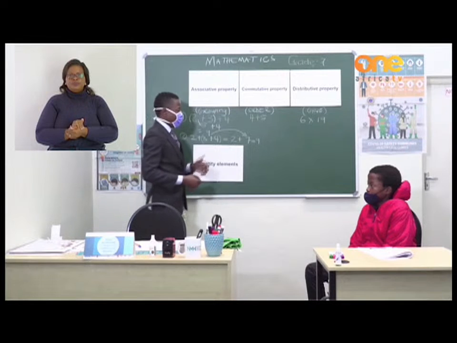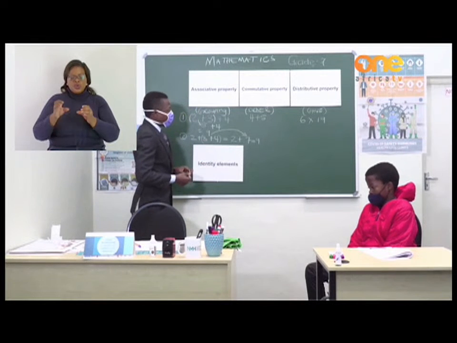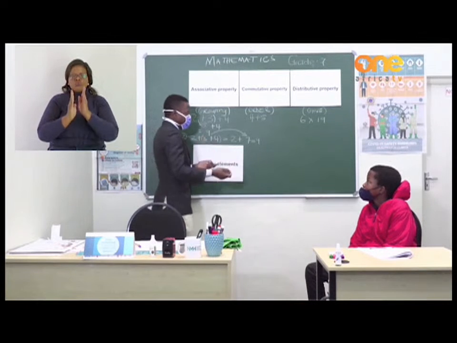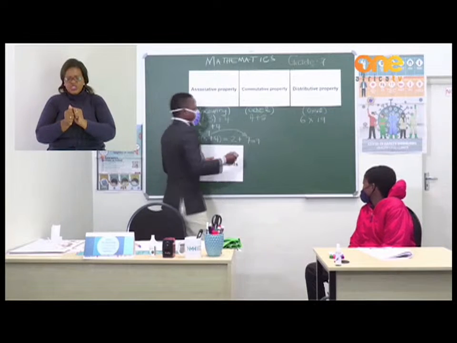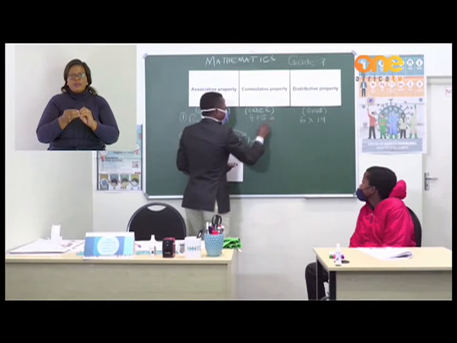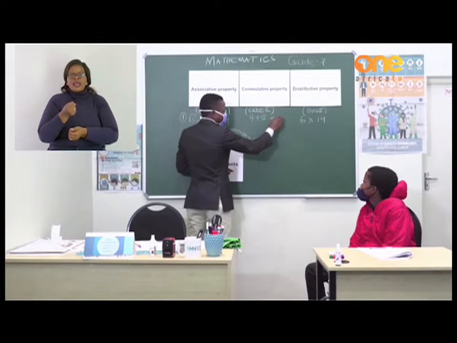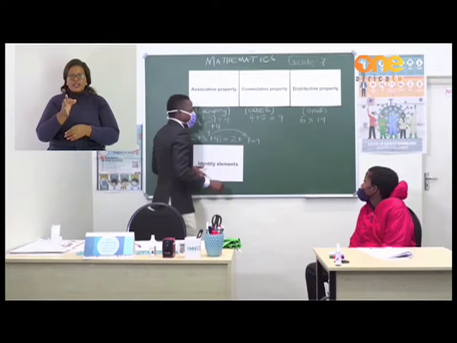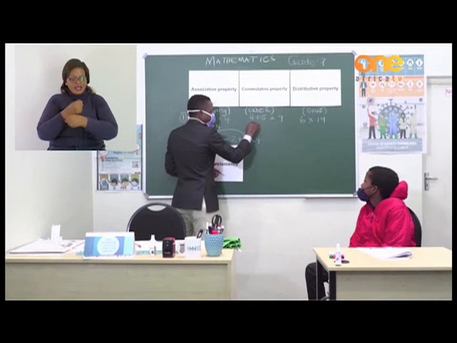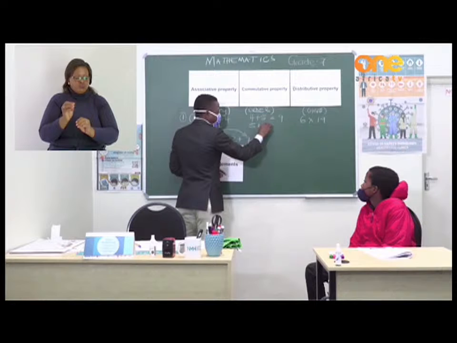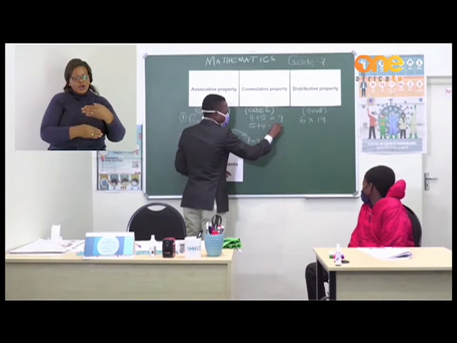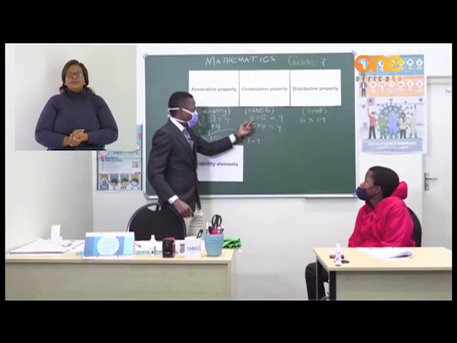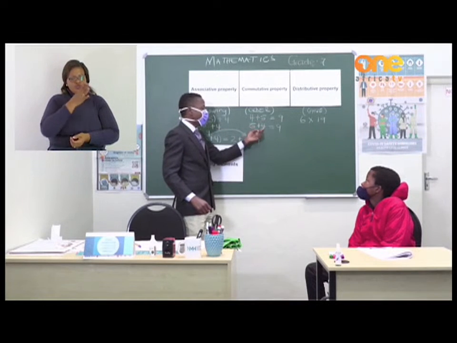Commutative property, there is an order that you have to change. For example, I may have 4 added to 5 to give me 9. But I can decide 5 added to 4 to give me 9. Now look at this. 4, 5. 5, 4.